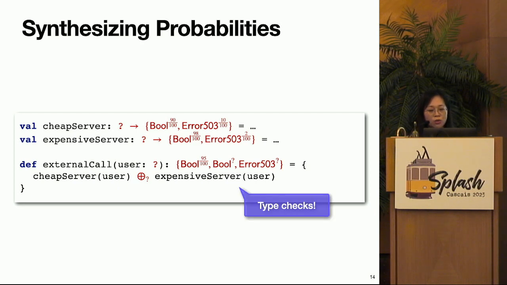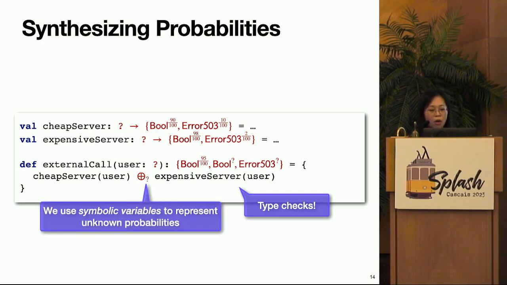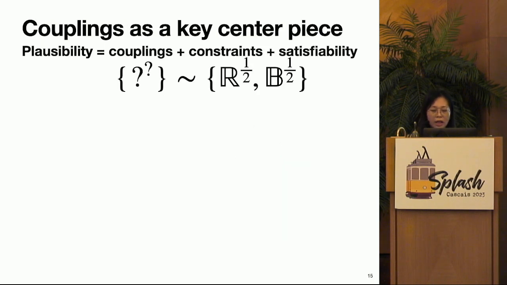This is going to be type checked, and at runtime, you can use a symbolic variable to represent the unknown probability. So you can run the program to know what the restrictions are for this symbolic variable in order to satisfy the requirement.